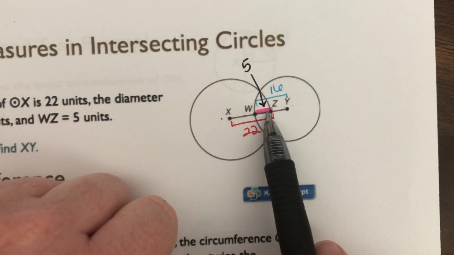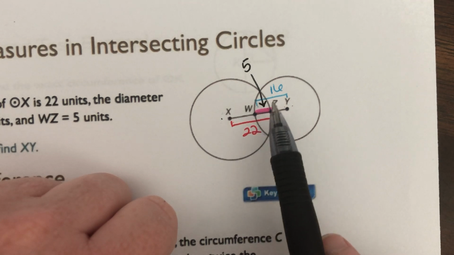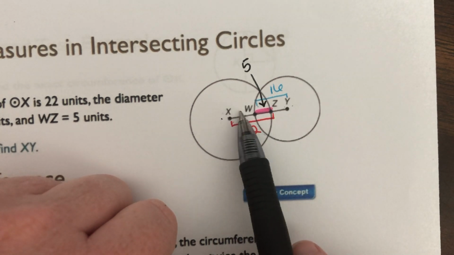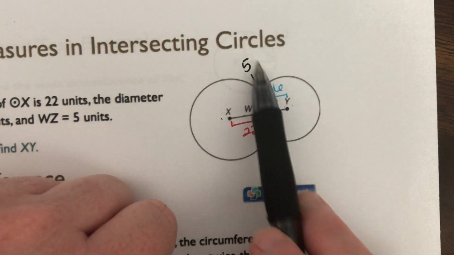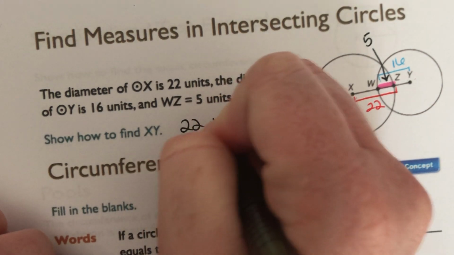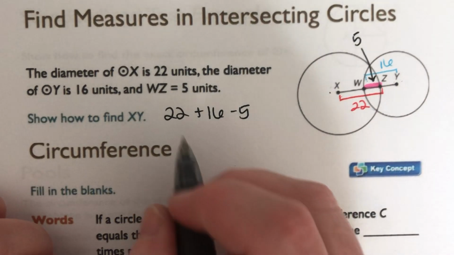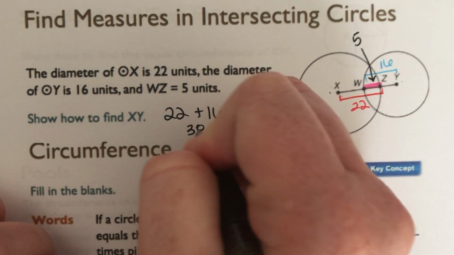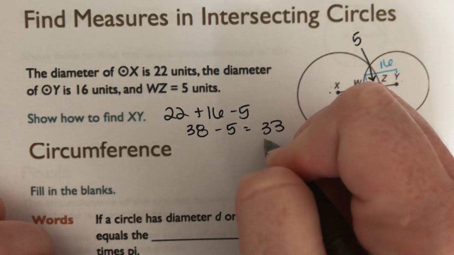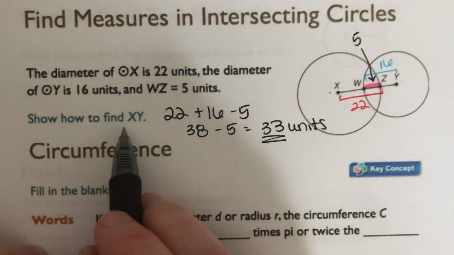Or we can use the whole 22 and then take the 5 away from the 16. So it'd be 22 and 11, right? Either way works. So we're going to add 22 plus 16, and then we're going to take 5 away. 22 plus 16 minus 5. So 22 plus 16 is 38. 38 minus 5 is 33 units. That's the length of XY.